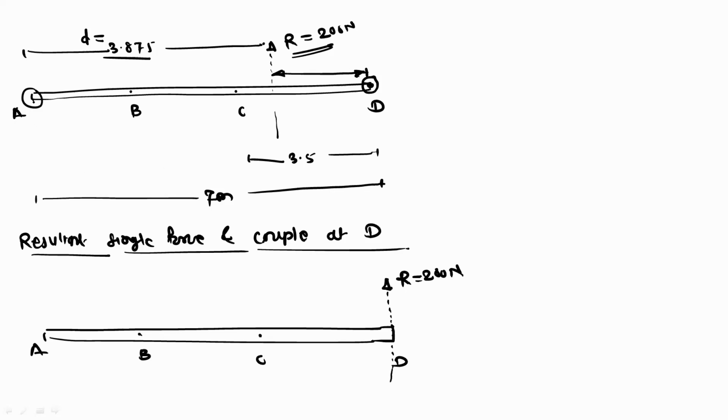So the total distance with respect to point A is equal to 7 meter, and the distance of the resultant with respect to point A is equal to 3.875. So this remaining distance, that is the perpendicular distance, is equal to 7 minus 3.875. So it is 3.125.